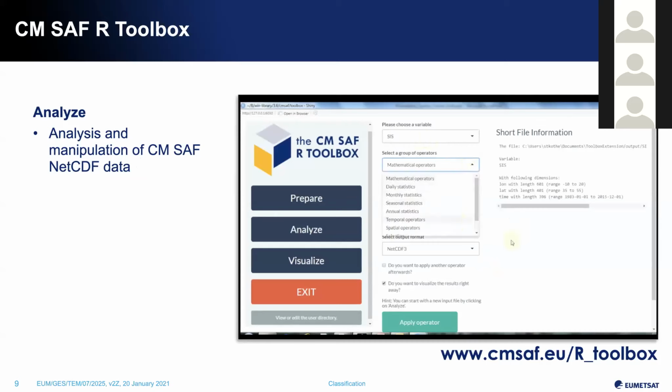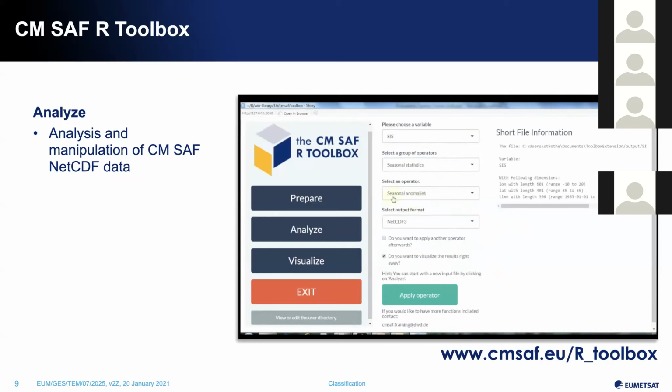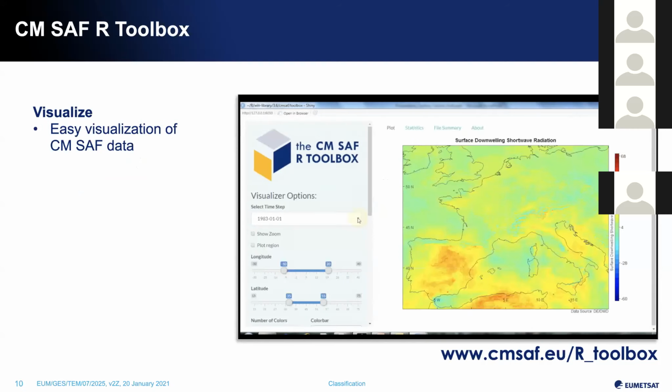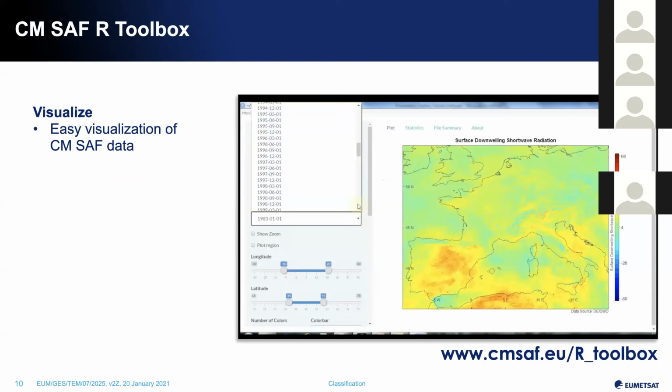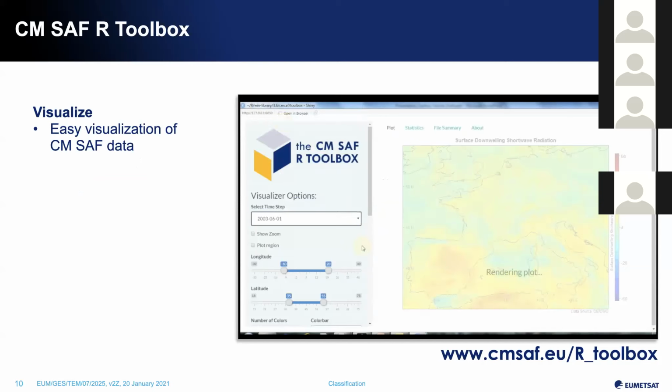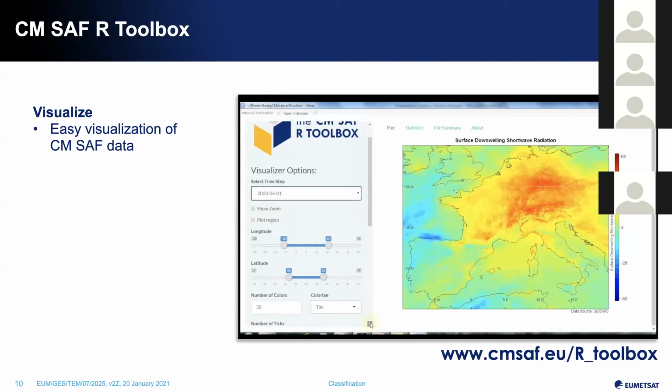Here you can do all the analyses and manipulations of NetCDF climate data which are needed for your projects and applications. And in the end, users want to visualize their results. For this, the visualize step offers a lot of options to adapt each figure to your needs.